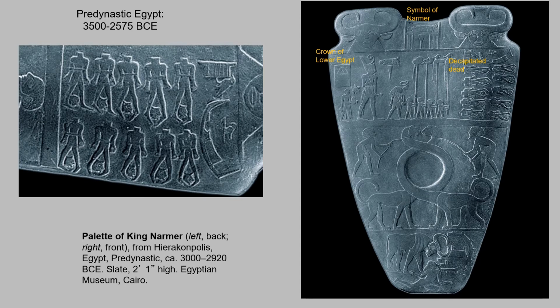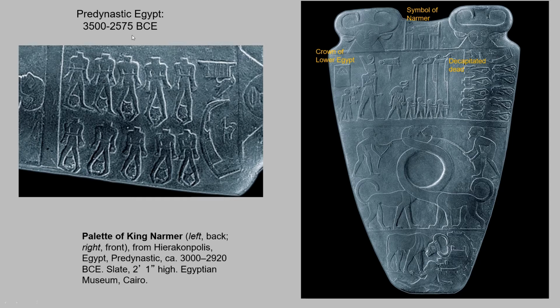You'll see at the top, in fact, this is at the top of both palettes, is a symbol of Narmer. So we know that this is meant to commemorate his victory. This is the first labeled work of art. This is the first work of art that we know what it's about explicitly, because it tells us who it's for.